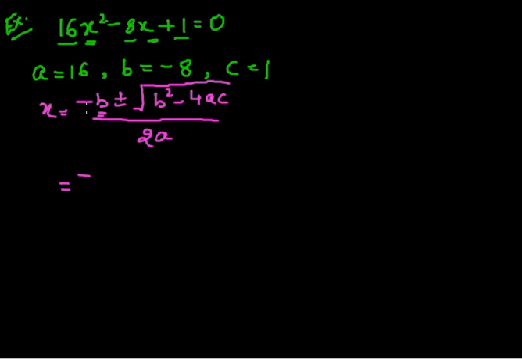Since the formula contains minus, and the value of b is negative 8, it will be minus of minus 8 plus minus square root of minus 8 whole square minus 4 into the value of a, which was 16, the value of c is 1.